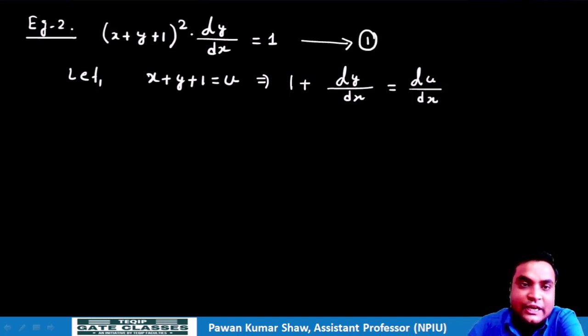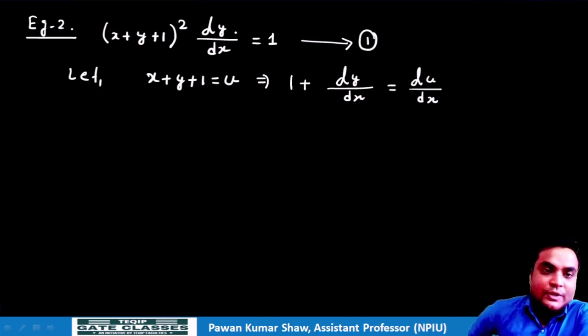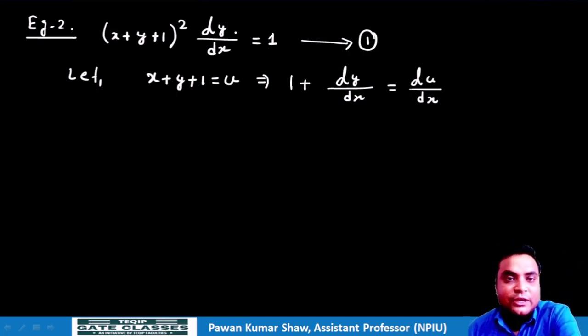We can calculate the value for dy by dx from here and replace it. So here I am taking the value for dy by dx from equation number 1, which will be 1 by (x plus y plus 1) whole square.